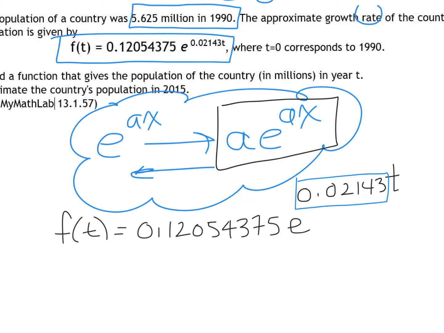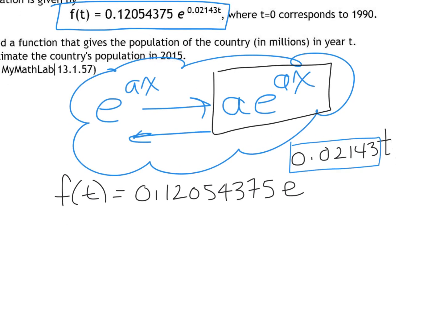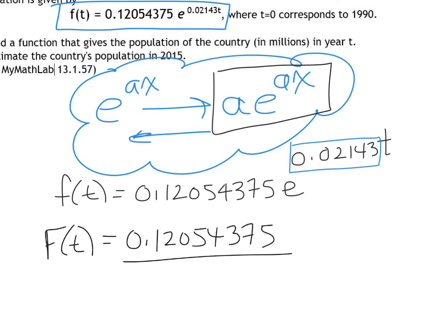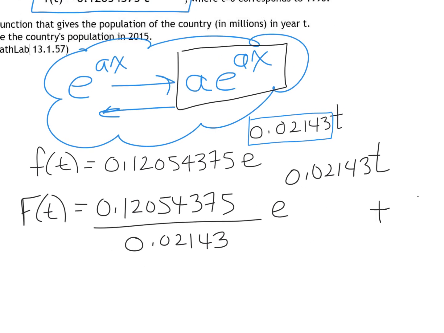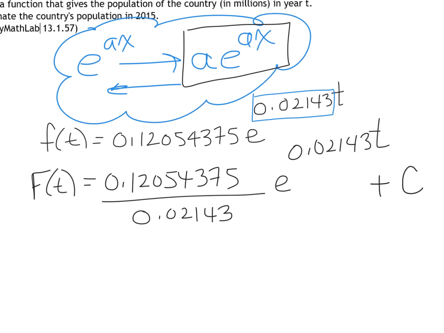So we divide 0.12054375 by that coefficient of x. So this is what that looks like. Original function. Divide that by the coefficient of x. And then you repeat that. And don't forget, plus c, because we're still looking for that definite integral. Yeah? Okay.